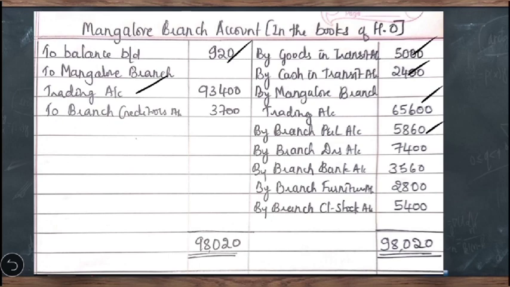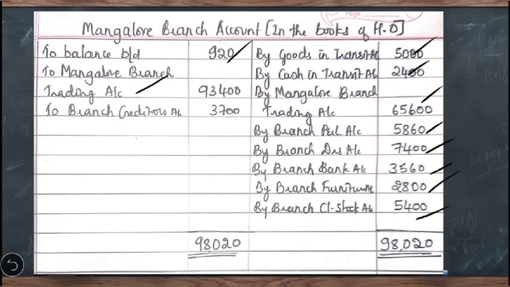Now we are going to incorporate the assets in the books of head office. That is, we had passed the entry various branch assets account debit to branch account. So here the entry will be by branch debtors account, by branch bank balance account, by branch furniture account, by branch closing stock account.